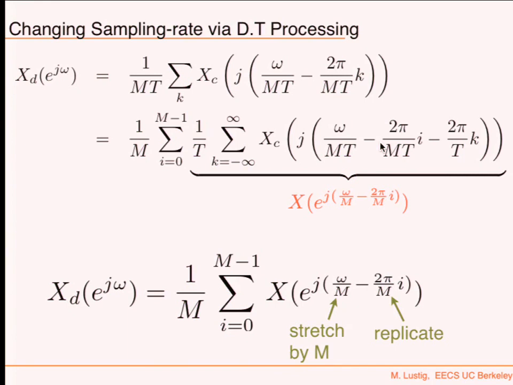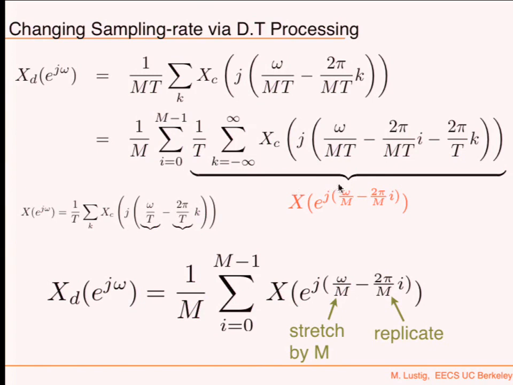But wait a second. What is actually this? If I look at just this part, oh, look at this. This looks awfully similar to X, e to the j omega. X, e to the j omega has omega over T and 2 pi over T. Here I have omega over MT, 2 pi over MT. Sorry, 2 pi over T. It's just that I have this M here.